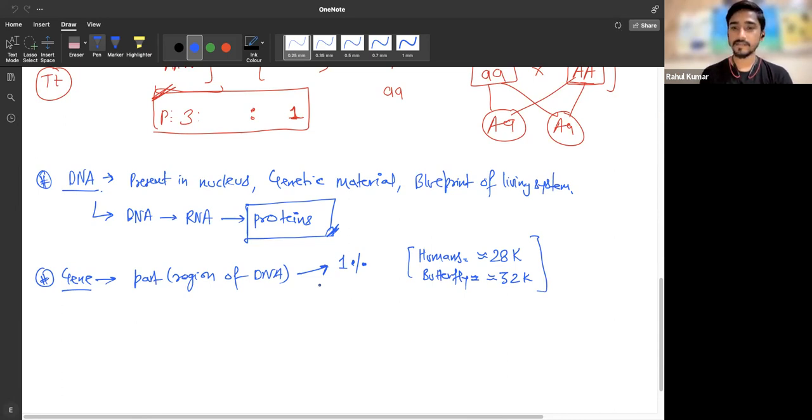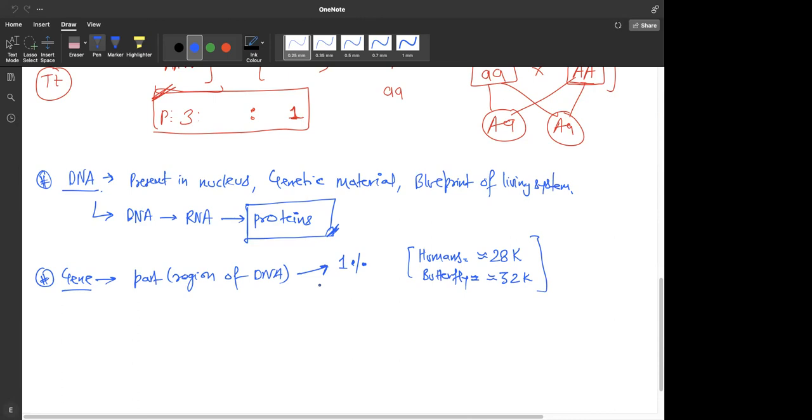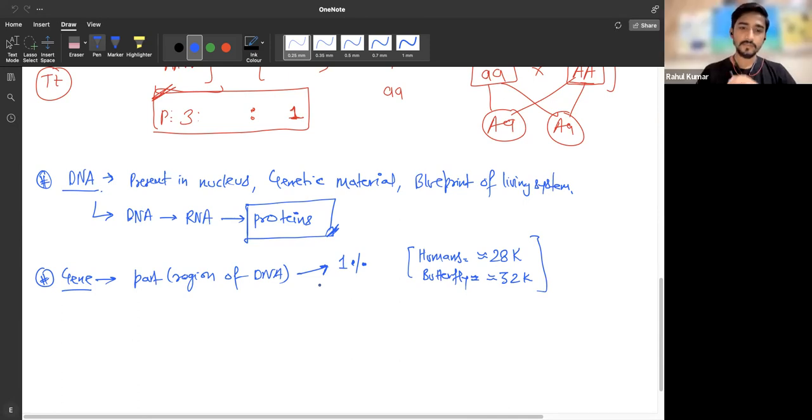The United States started this Human Genome Project. We will study about this in this unit in genetics. The full genome of humans has been sequenced. When it was starting, everyone hypothesized that when we finish it, we will find somewhere around 1 lakh to 1.5 lakh genes in humans, because humans are very, very complex organisms and we are the most evolved.